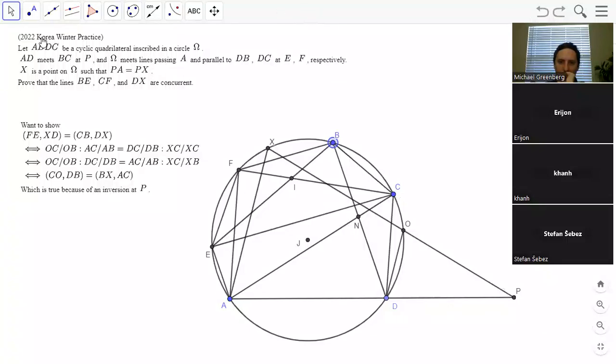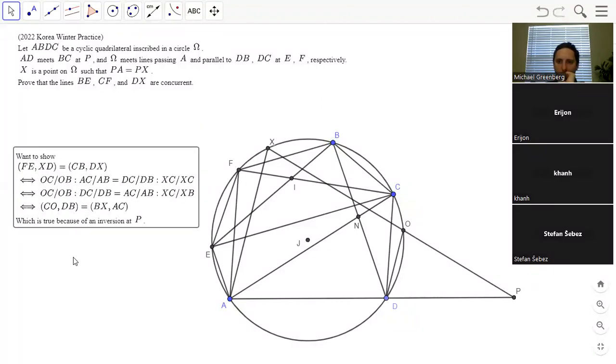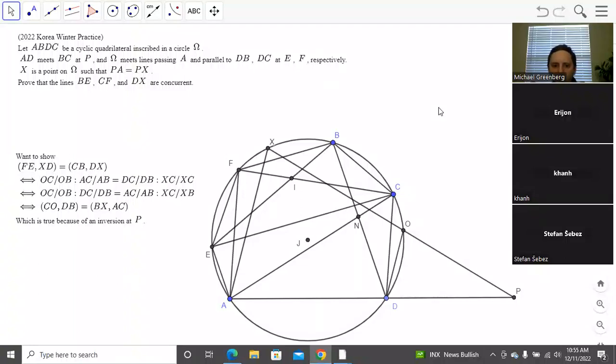We have the claim that the cross ratio AFEXD is equal to DCBIA, because we have the corresponding lines that are parallel to each other. So the cross ratio is fixed because the angles between the lines are the same.